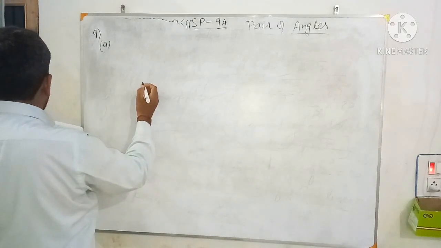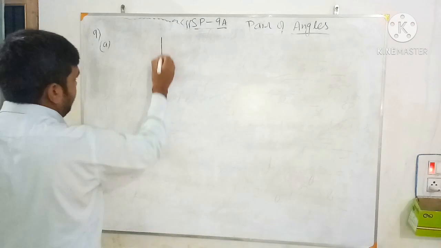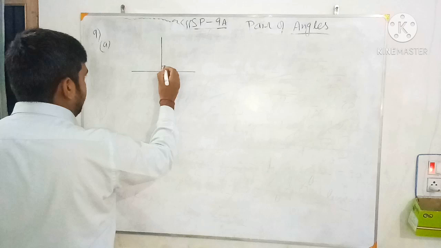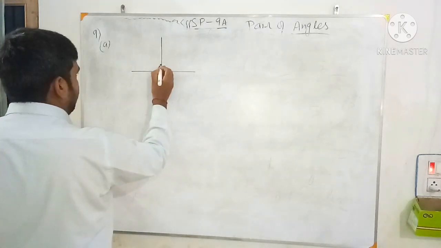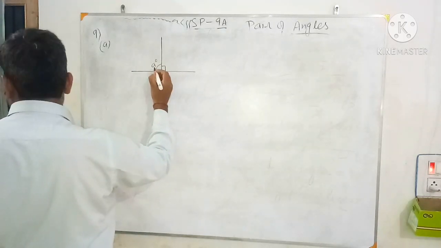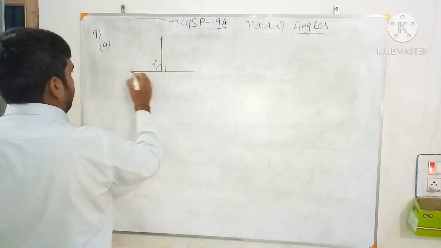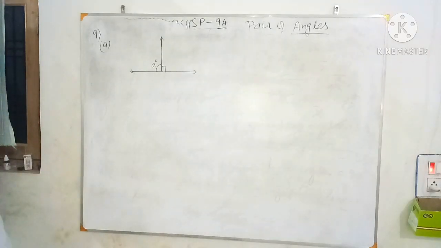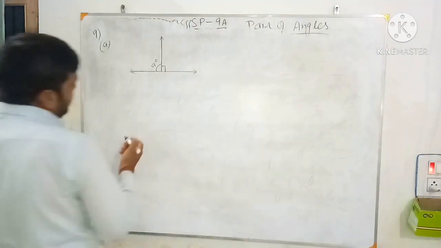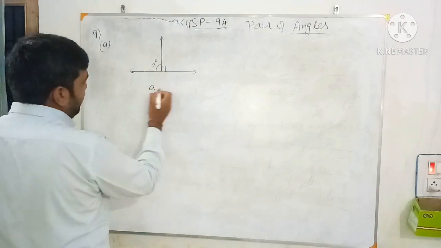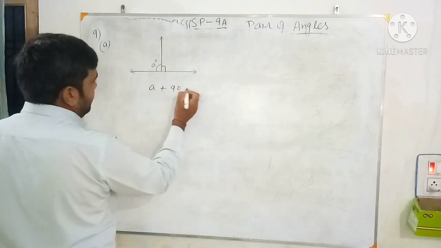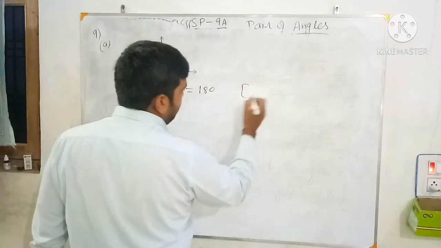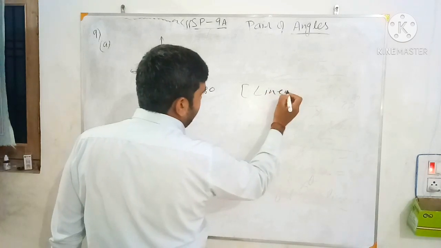Find the measure of the lettered angle. See, this is the symbol of 90 degrees. Now these two are adjacent angles made on a straight line, so it is a linear pair. According to the figure, A plus 90 equals 180. Reason: you can quote linear pair, angles made on a straight line.